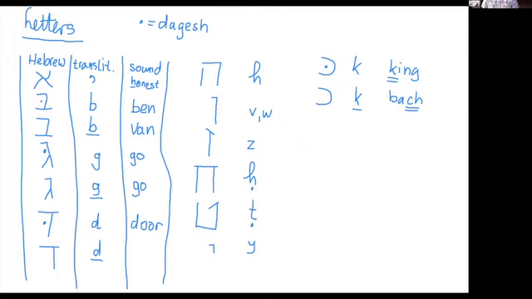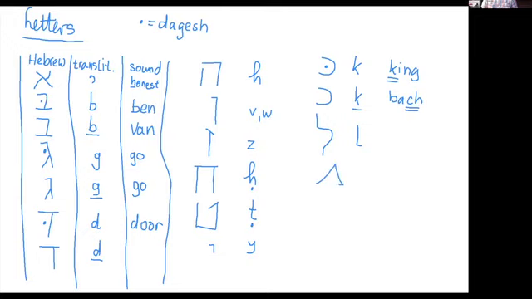So we have now the kaf, and after the kaf we've got a lamed, and it's the L. Oh, not just a normal L. Sorry. The mem, I write the mem different than he does.